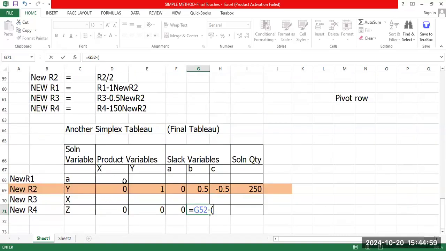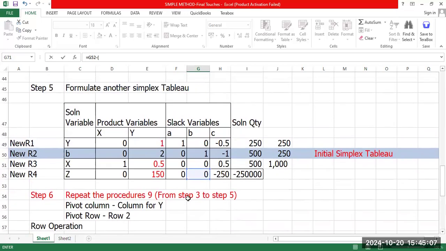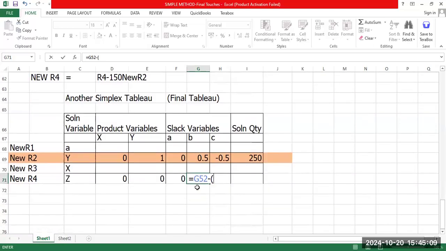Someone can be handling this first row, as another person handles this third row. This is 150 times, because we'll be wasting time.